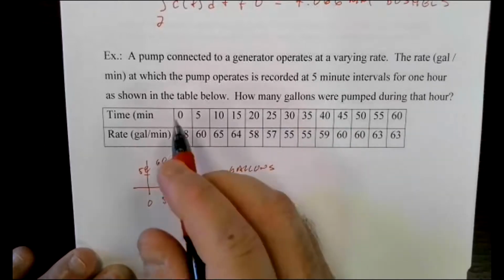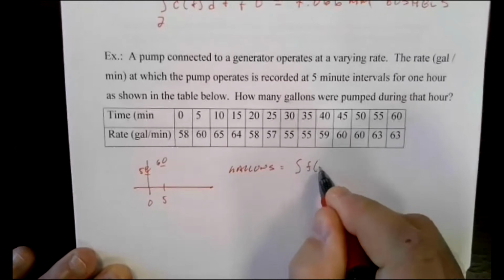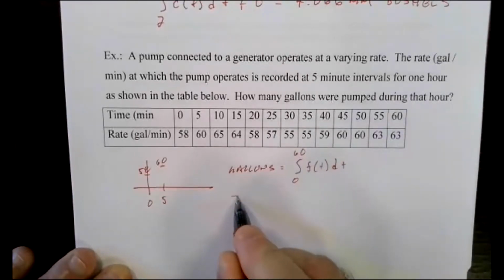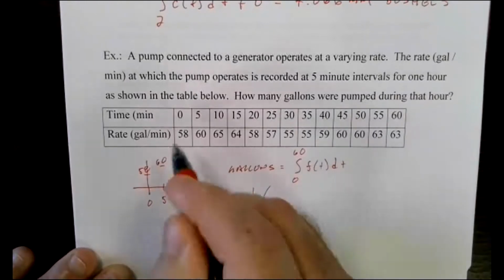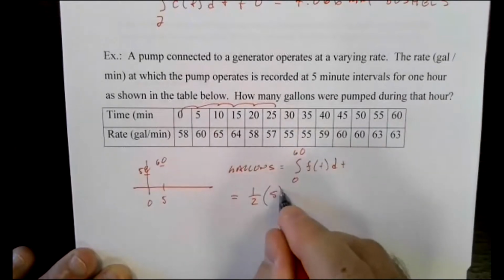They didn't give me a function. If they did, I would say it's the integral of that function, with respect to time, from 0 to 60. So that just means go with trapezoid, half. Is this a constant? 5. It is. 5.